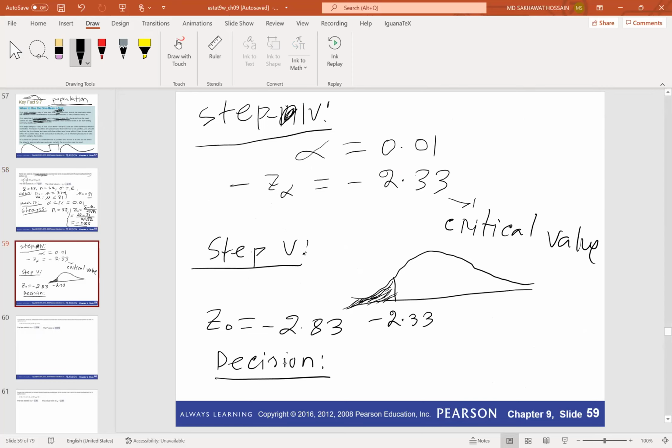Now we have Z observed, or test statistic, negative 2.83. So where does negative 2.83 fall? Is it in the rejection region or outside the rejection region? Should we reject the null hypothesis or fail to reject?